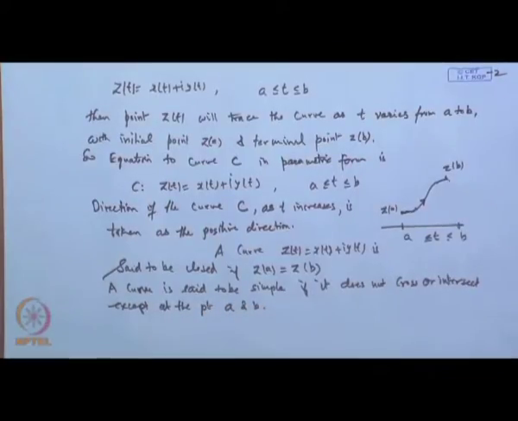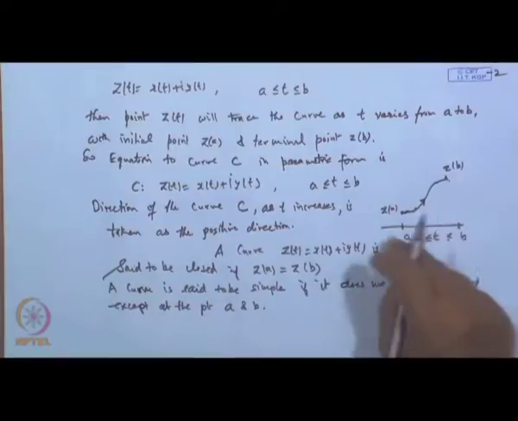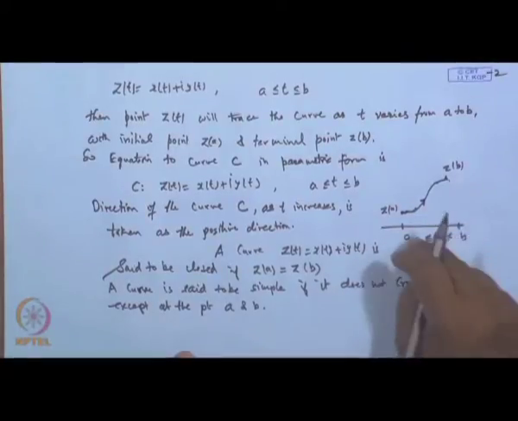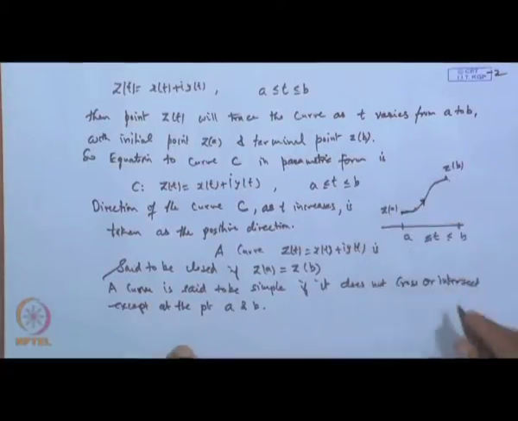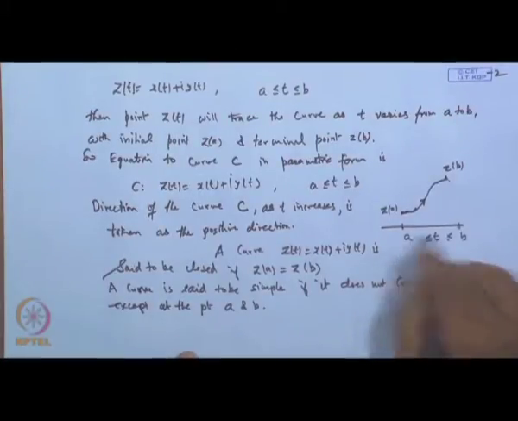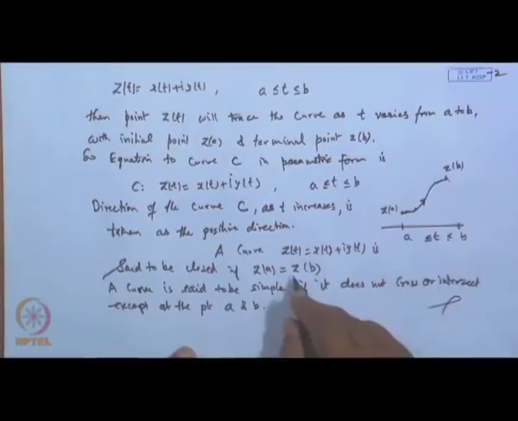That means in between a and b, if the curve is tracing with t changing from a to b, then the curve should not cross itself for t lying between a and b, but only at the points t equal to a and t equal to b, because if these two are equal, then the curve becomes closed.